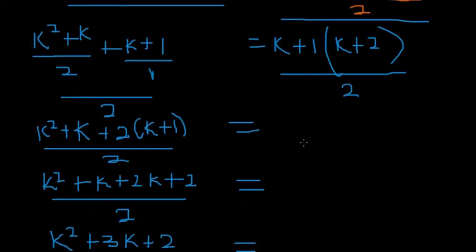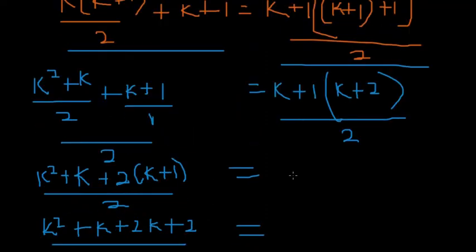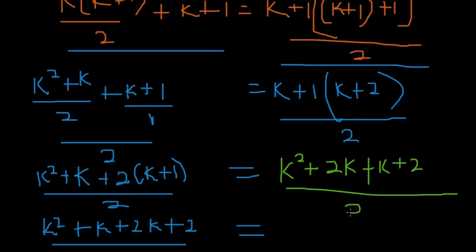Now let's look at the right hand side. We have this multiplying this. We have k squared, plus this by that gives us 2k, this by that gives us k, and this by that gives us 2, all divided by 2.